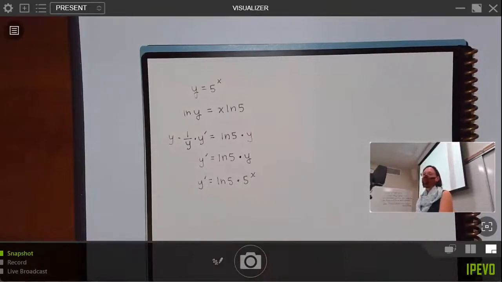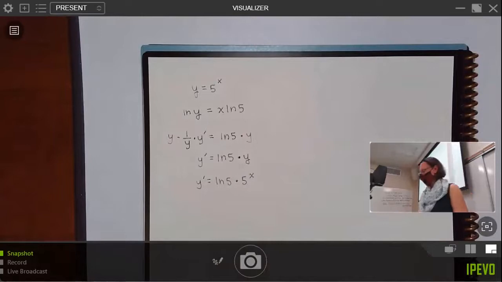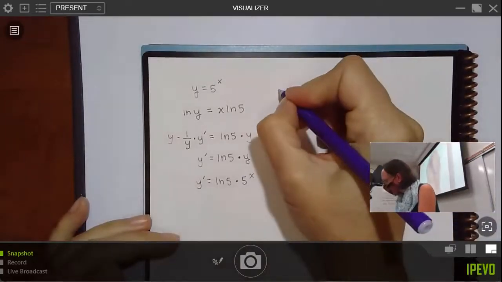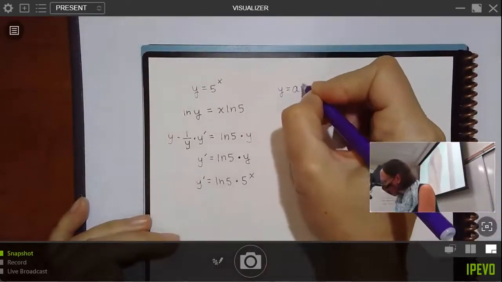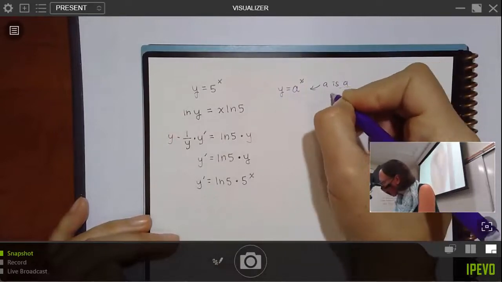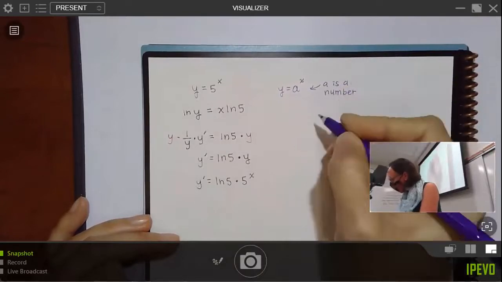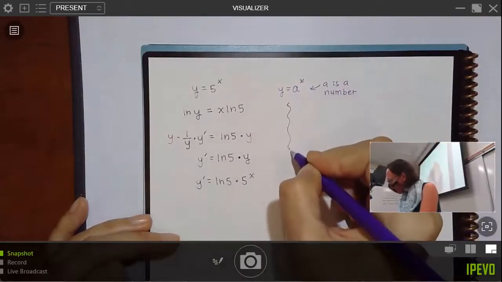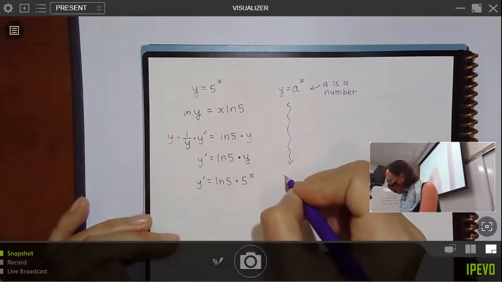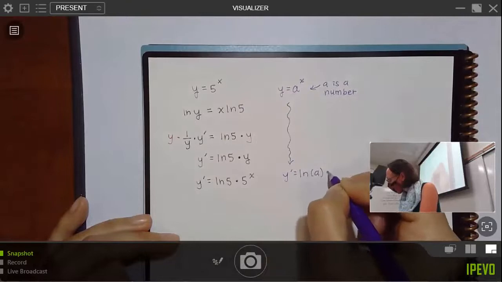And if I were to repeat this process for any number as a base, if I have y equal to a to the x, where a is a number, we would end up with y prime is equal to natural log of a times a to the x.